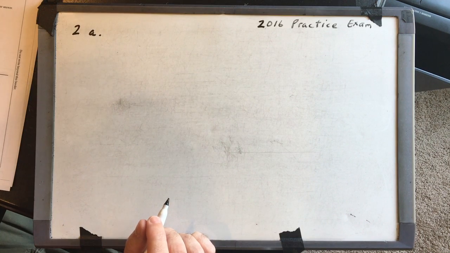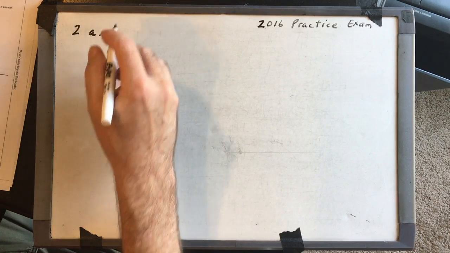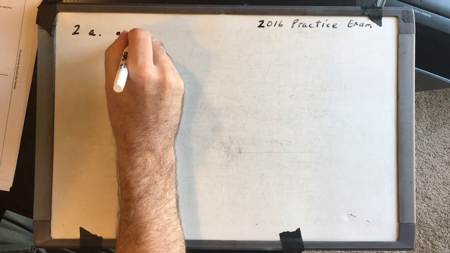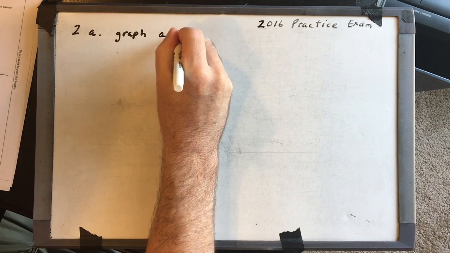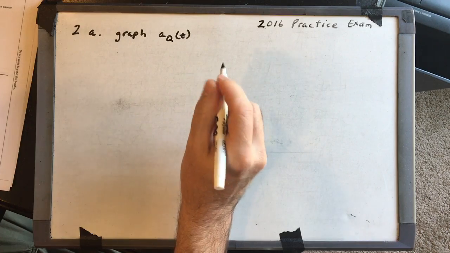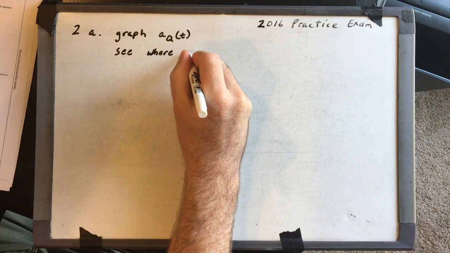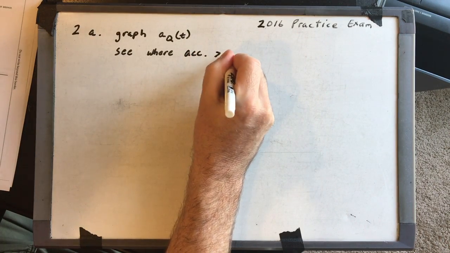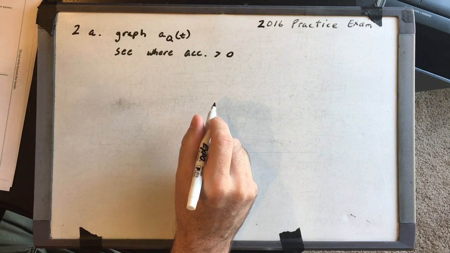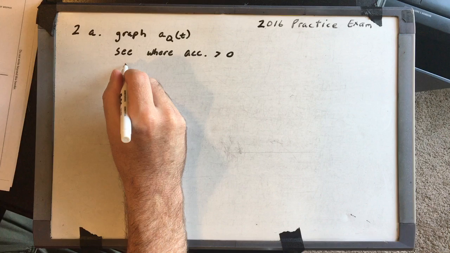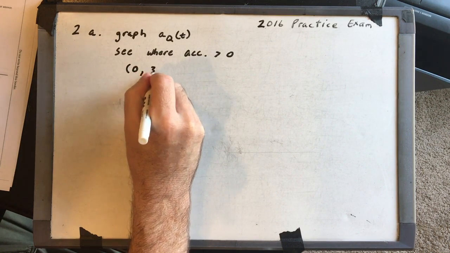So in this case, you would graph the acceleration and see where acceleration is greater than 0. And it happens to be the interval 0 to 3.963.